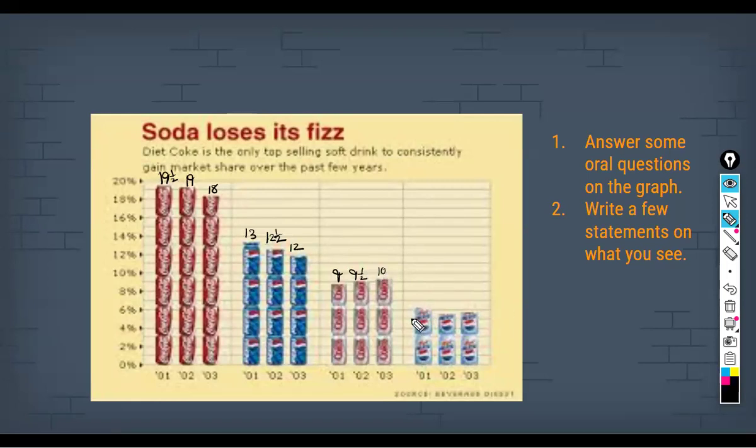Right? This one is about 6. This one is 5, and this is 5 and a half, right? And you can make out the years below. 2001, 2002, 2003, and again 2001, 2002, 2003, right?